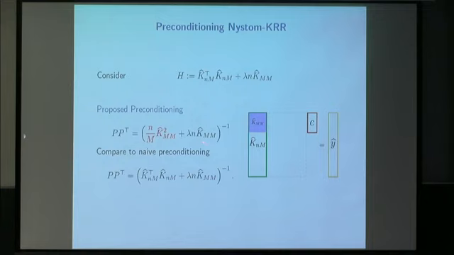Because any eigenvalue that is smaller than lambda times the largest eigenvalue of KMM is not really useful to approximate, since it is covered by the regularization term. So what we have to prove is that the first eigenvalues up to lambda of this matrix are well approximated by this other matrix.